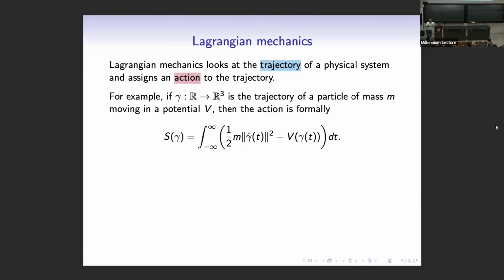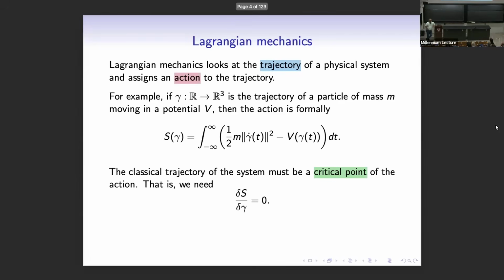And the action is formally defined as this integral. So you take the kinetic energy minus the potential energy, not plus, and you integrate it over all time. That is formally the action of this trajectory.